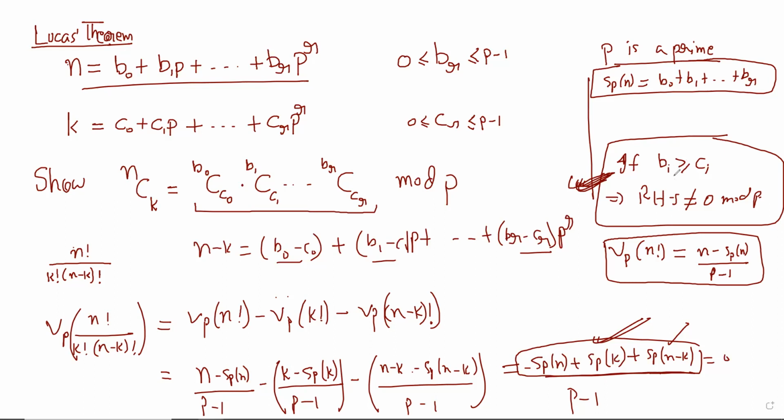Not really take care, but we actually know that both are not 0 mod P. But we are not able to, of course, say what it is modulo P. Both sides are not equal to 0 mod P. And then the LHS is also not equal to 0 mod P, right? Because the valuation is coming out to be 0 for the LHS.